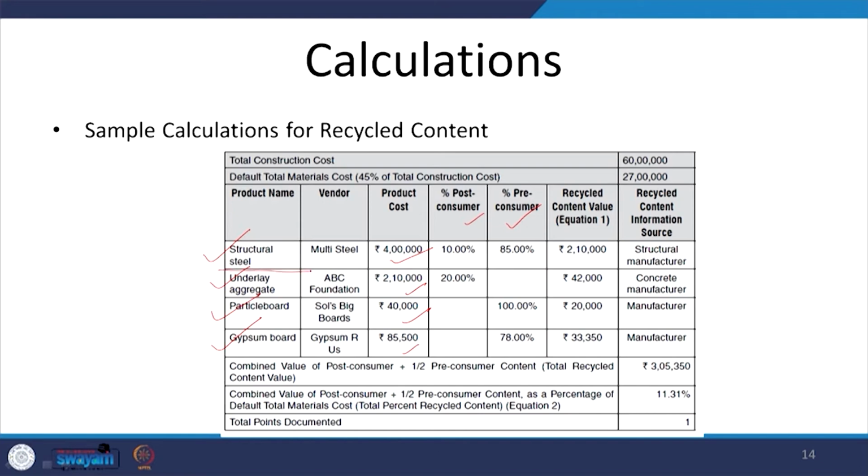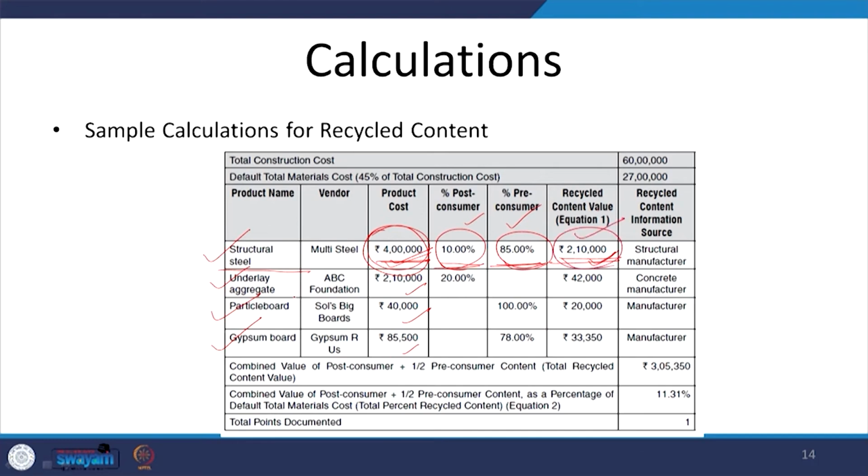So, if we talk about structural steel, 10% is the post consumer recycled content and 85% is the post industrial pre consumer recycled content. So, the recycled content value will be 50% of this, 100% of this as part of this total product cost, which is coming out to be 2,10,000 as against 4 lakh. So, this is the recycled content value. Of the total material which is worth 4 lakh rupees, 2,10,000 is the recycled content value.